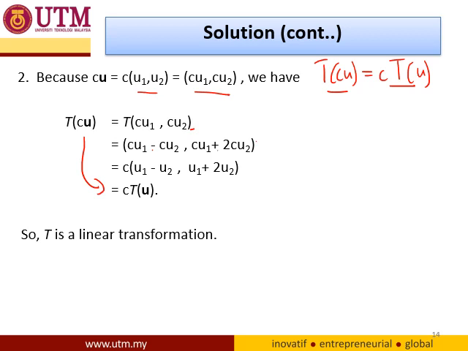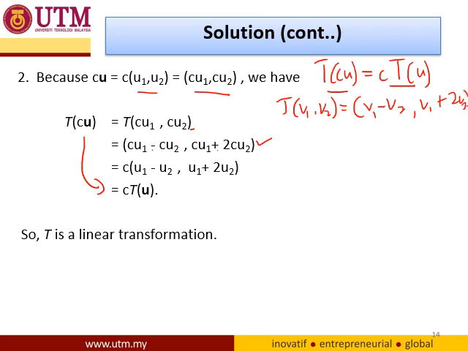This is from our previous question. You need to look back at the question. I will write it down here. The question here: the transformation of (V1, V2) equals V1 minus V2, and then V1 plus 2V2.